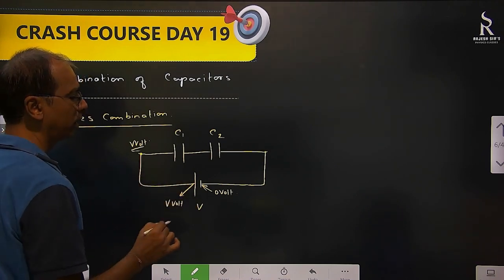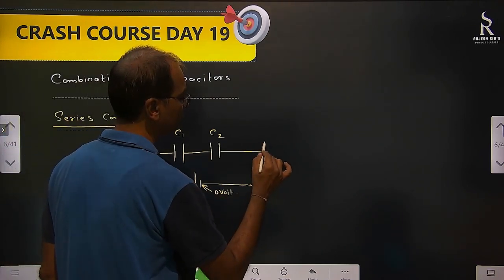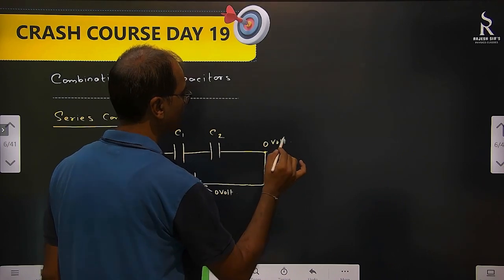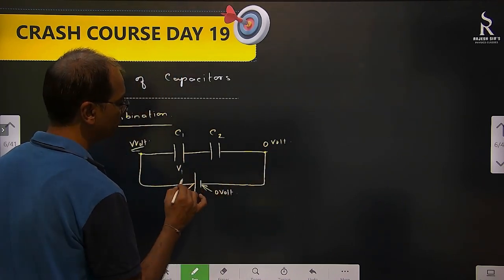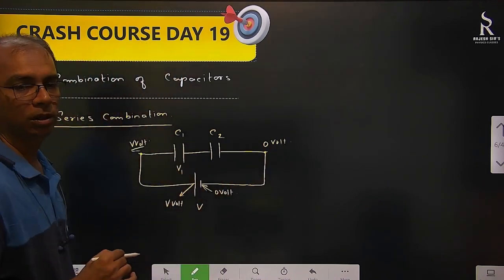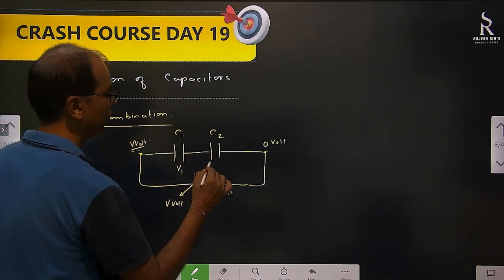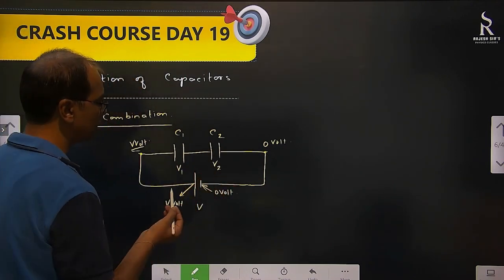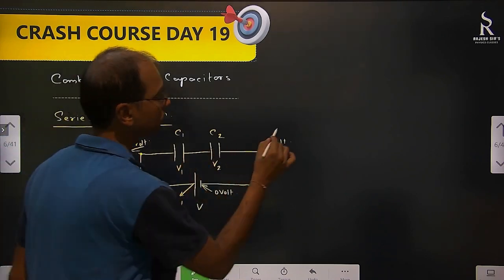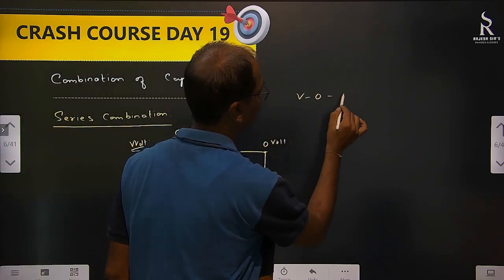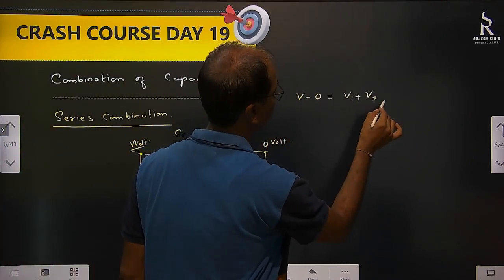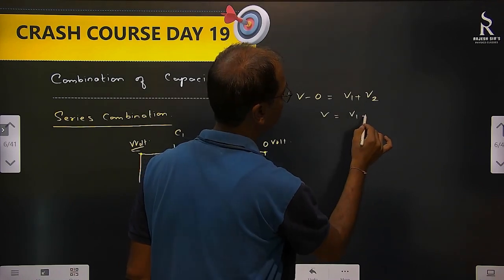It's a conducting wire. Same way here will be 0. So if potential drop across this one is V1, and here is V2, then what we can say? V minus 0 equal to V1 plus V2. That means V equal to V1 plus V2.